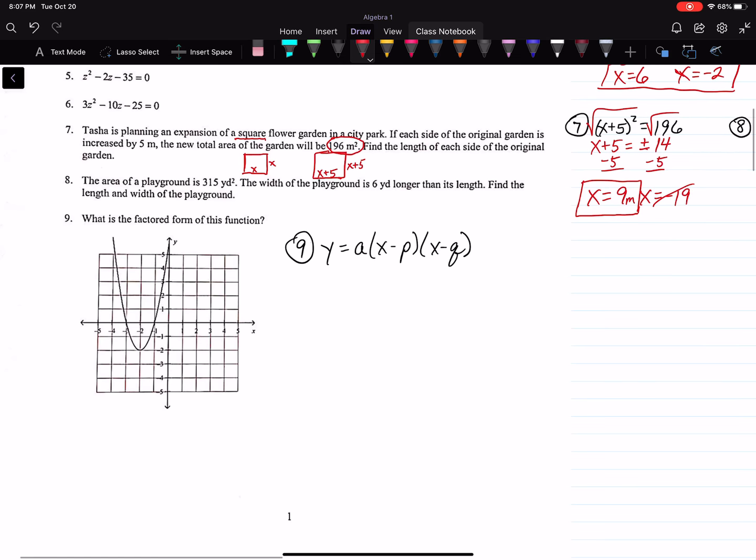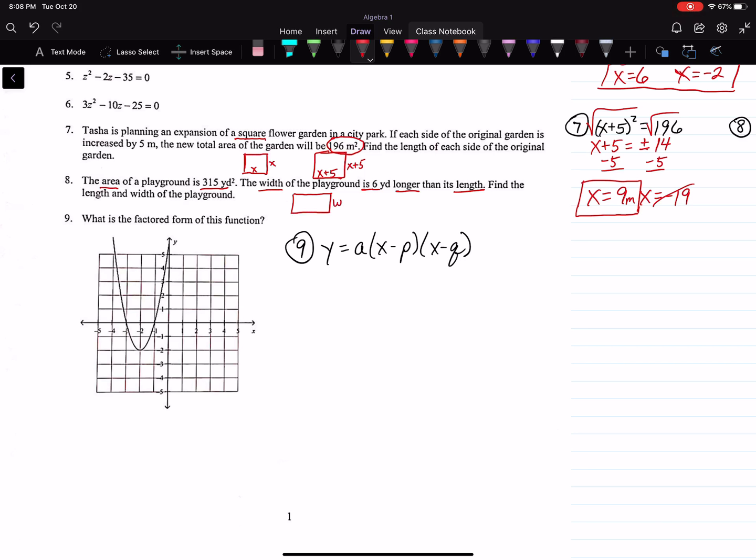Number 8 says the area of a playground is 315 square yards. So they give us the area, it's 315 square yards. It says the width is 6 longer than the length. Find the length and width of the playground. So if you have a playground, I'll just draw it right here. Okay.